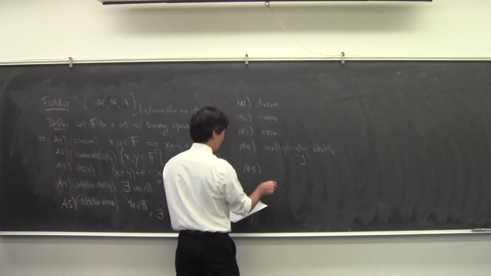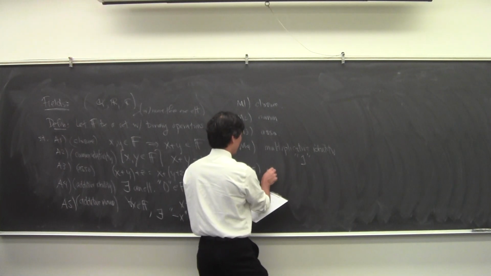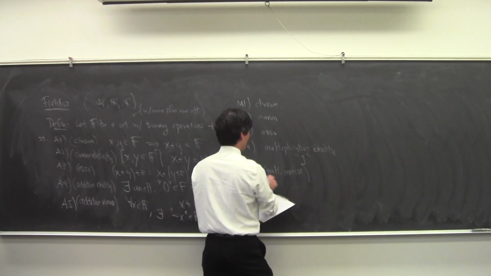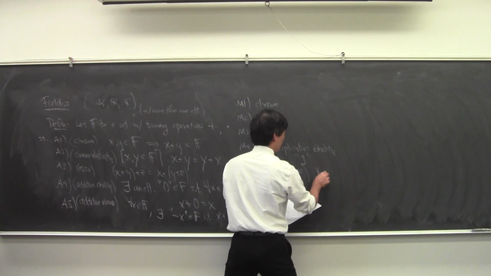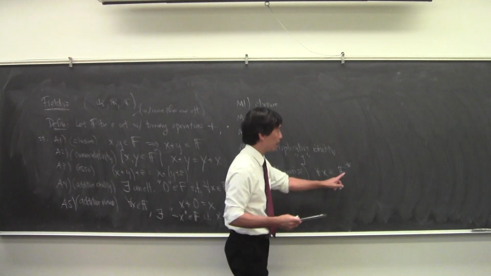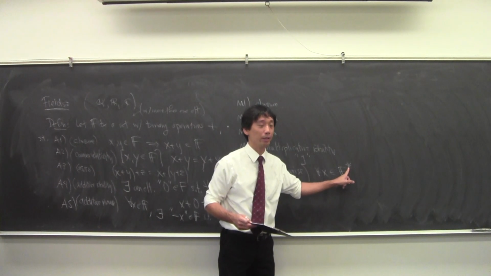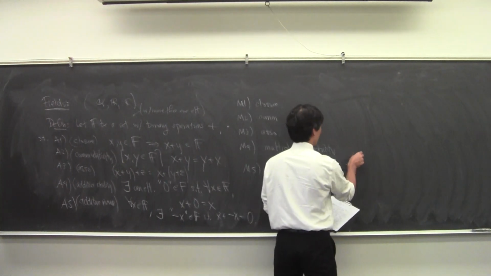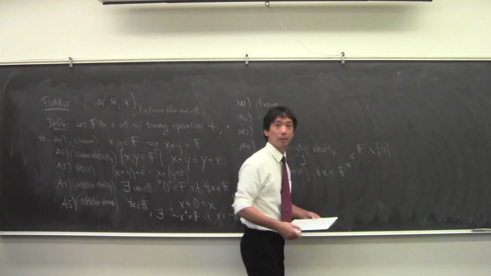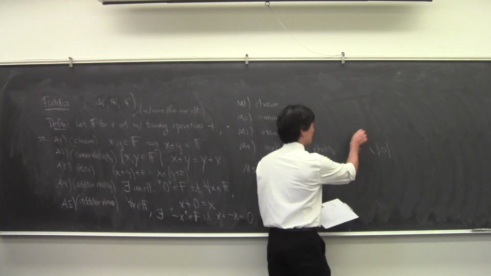And 5, multiplicative inverse. For all x in F star, and when I put a star on it, I mean excluding 0. So this star means the field, but excluding its 0 element, and this slash means excluding.